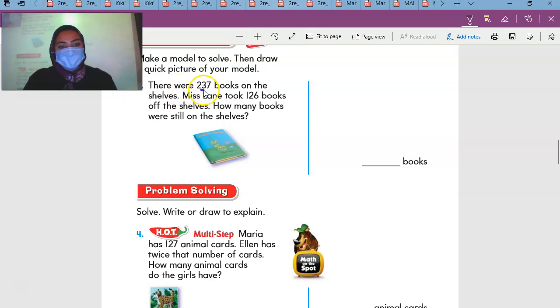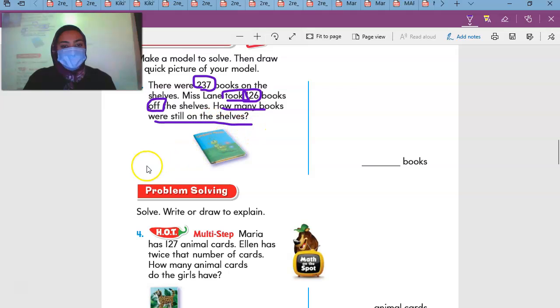There were 237 books on the shelves. Miss Lane took 126 books off the shelf. Off is another keyword, that means you're subtracting. How many books were still on the shelf?